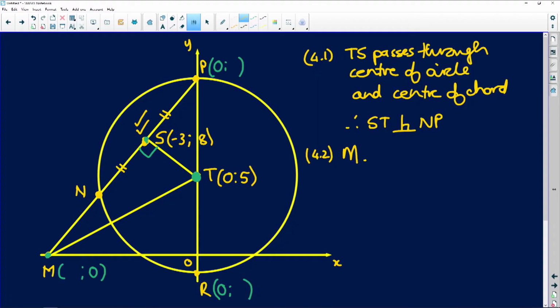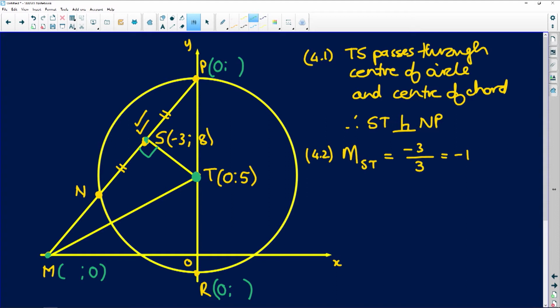And the gradient I can find by using the very first theorem. Okay, so let's find the gradient of ST. Now, folks, please write down your subscripts for the line so whoever marks your work knows where you are. 5 minus 8 is minus 3. 0 minus minus 3 is plus 3. So that gradient is minus 1.